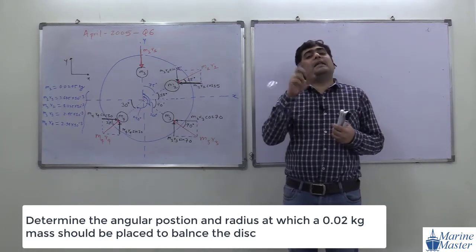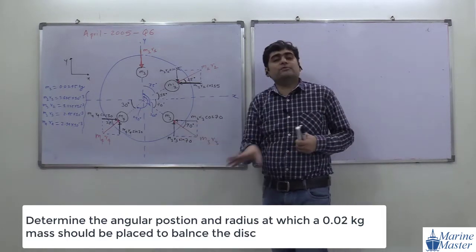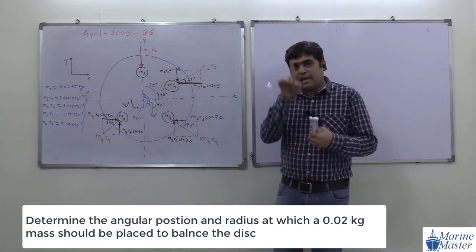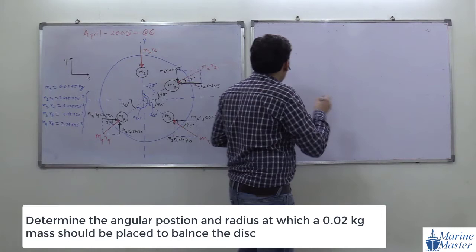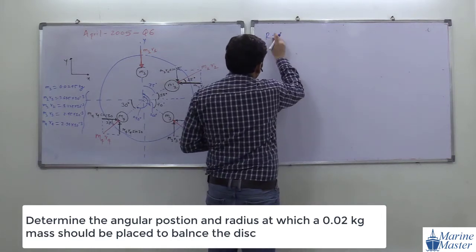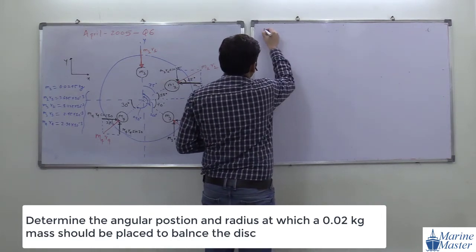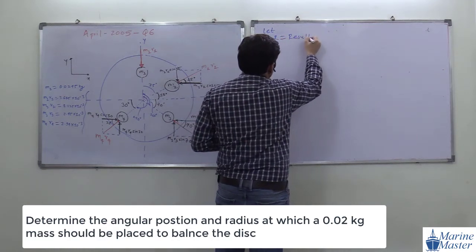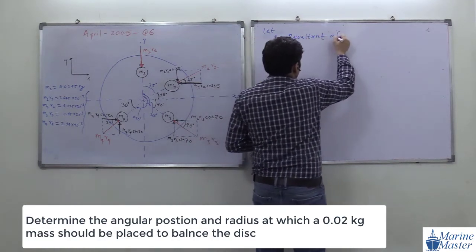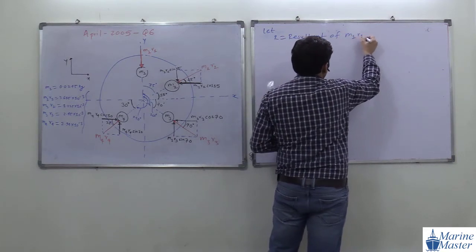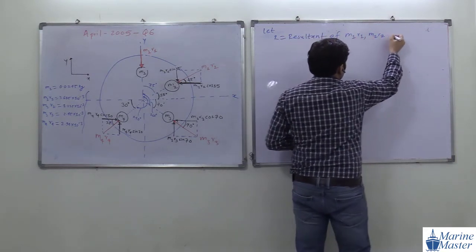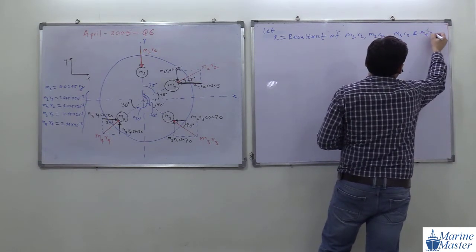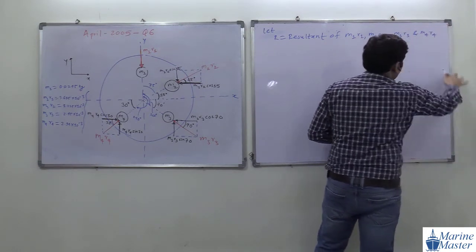Now if you want to balance that system, these 4 forces will create unbalance in the system. And that unbalance means what? R. R is equal to what, guys? Let R be the resultant of M1 R1, M2 R2, M3 R3, and M4 R4.